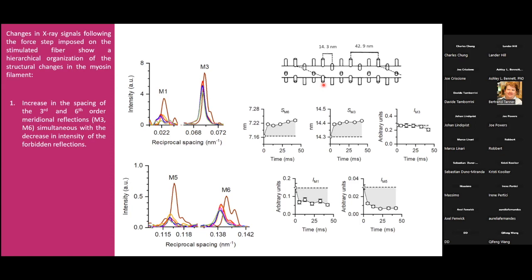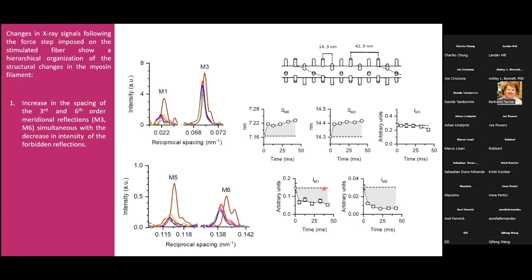And typically, the drop of the intensity of the forbidden reflection is associated with the loss of the triplet perturbation of the myosin head, explained with the loss of interaction of the N-terminus of the myosin binding protein C with actin due to the reduction of the overlap of the filament.